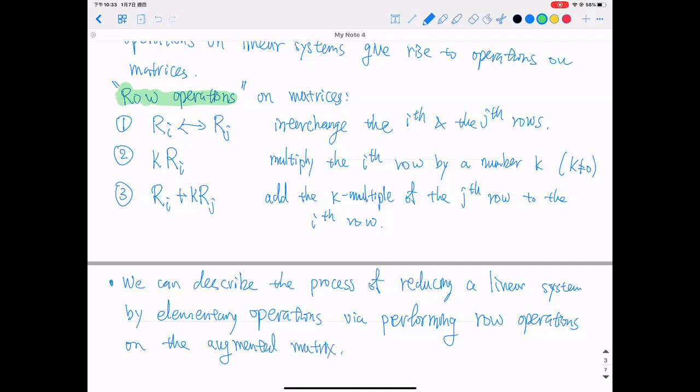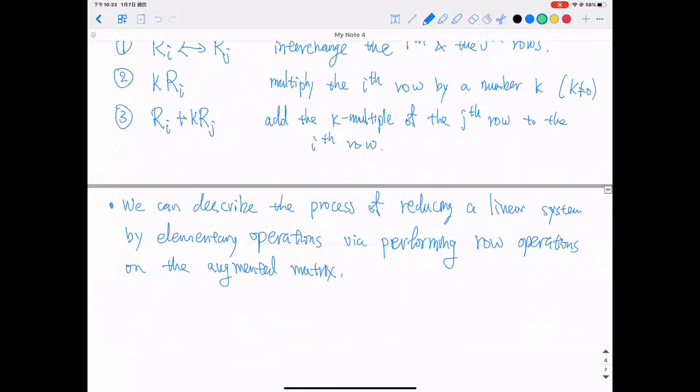Okay, let's see if we want to do an example. Well, we will be doing examples later, so maybe let's not do that now. Instead, let's think about what we're trying to do. Again, the goal is to solve the linear system.